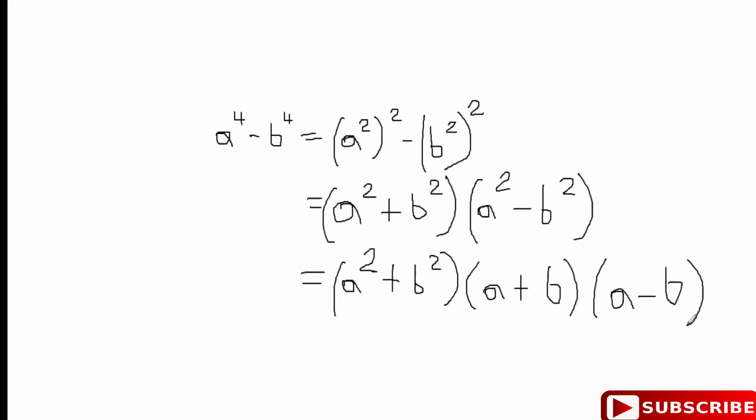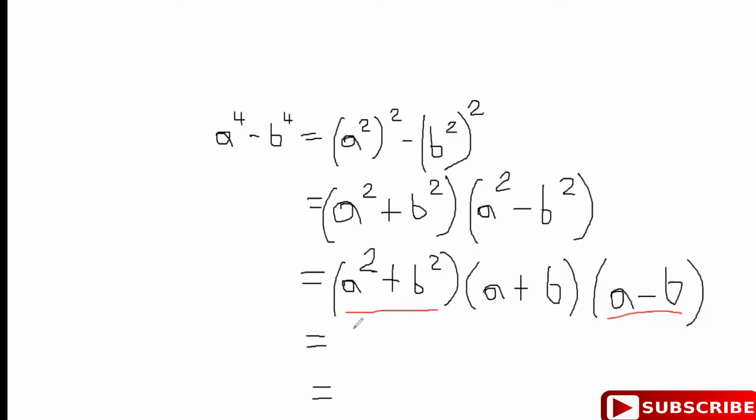All right, so now look at this. This is a to the fourth minus b to the fourth. There are two possible answers. The first possible answer is if we multiply a squared plus b squared by a minus b, and then we can also multiply a squared plus b squared times a plus b. So let's do it this way first.